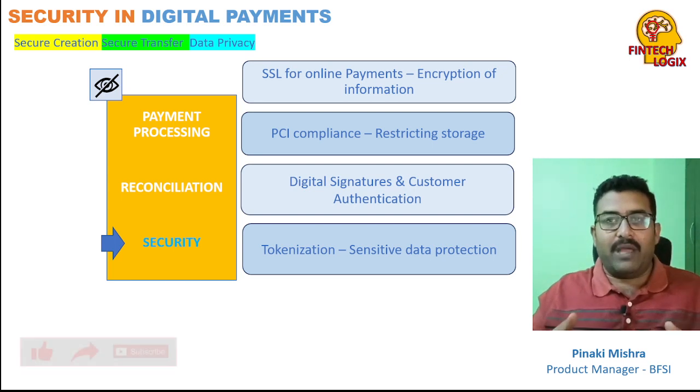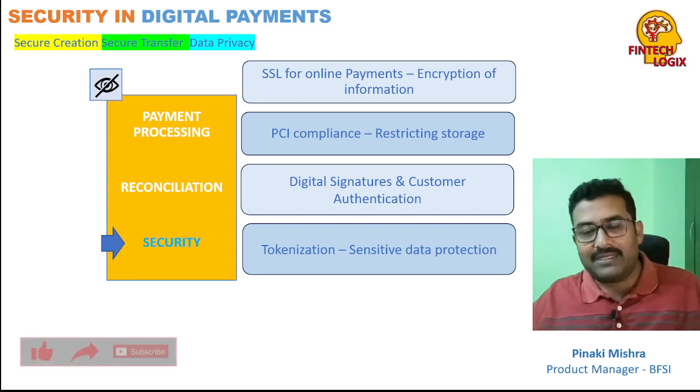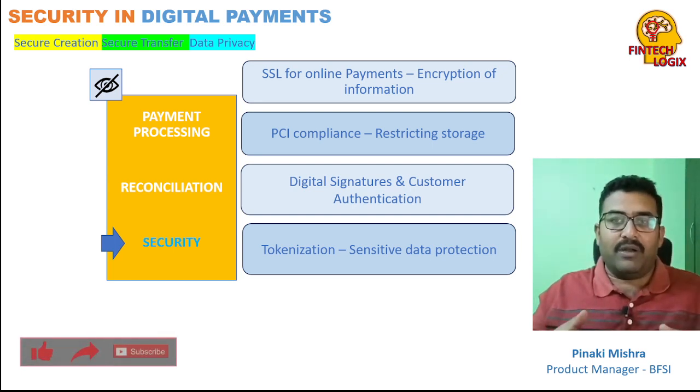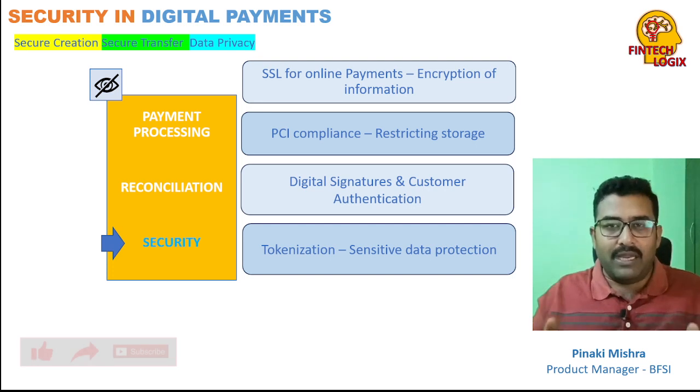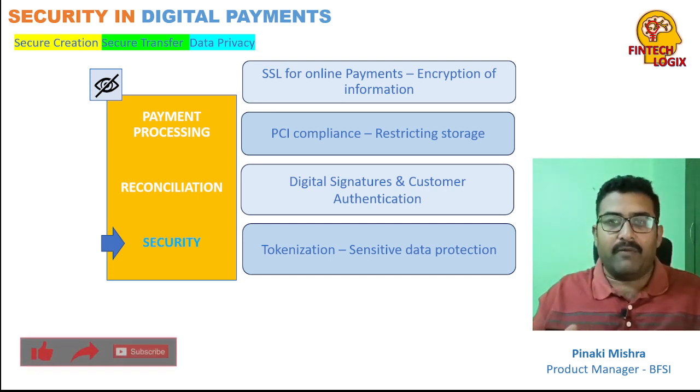Because of this tokenization, all your sensitive data for payment processing can be protected, and it is only valid for that small period of time, within which it also minimizes the chances of fraudulence.